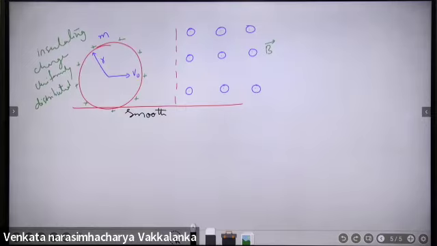Sir, I was disconnected. Sir, initially the ring is not rotating, right? It's just moving with the velocity v naught. Initially the ring has only linear velocity v naught. Once it enters the magnetic field, it will be subjected to a force.